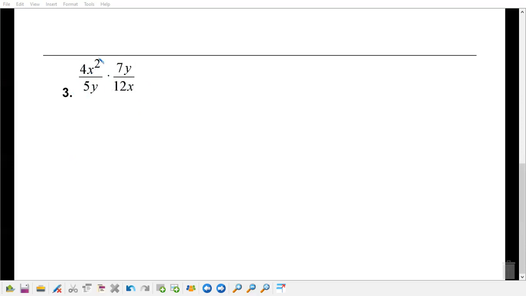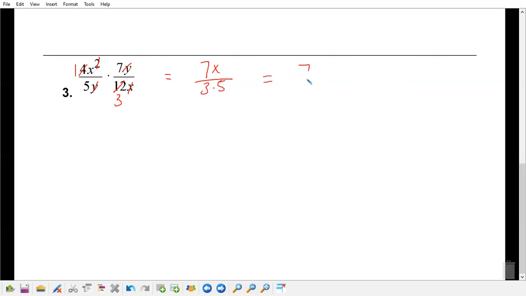But I have 2 here. I can take 1 away, right? I have a y and a y. And 4 and 12, 4 becomes a 1, 12 becomes a 3. So I'm left with, in the numerator, 7 and x, and the denominator, 3 and 5.